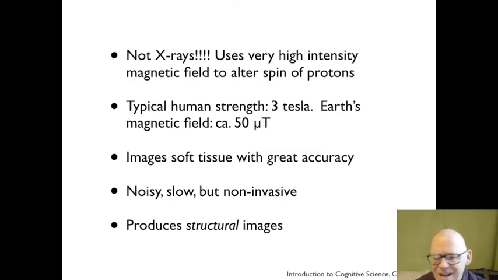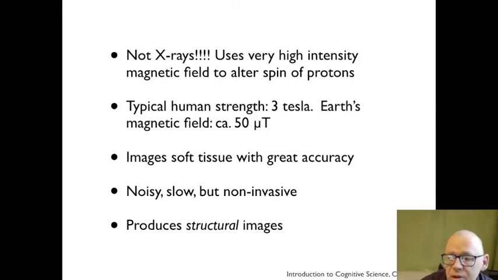How voodoo is that? Which provides us with a great deal of detail, right down to sub-millimeter level detail. So we can image the places in the brain extremely accurately. It's slow. It takes about 15 minutes to get a good structural image of the brain.